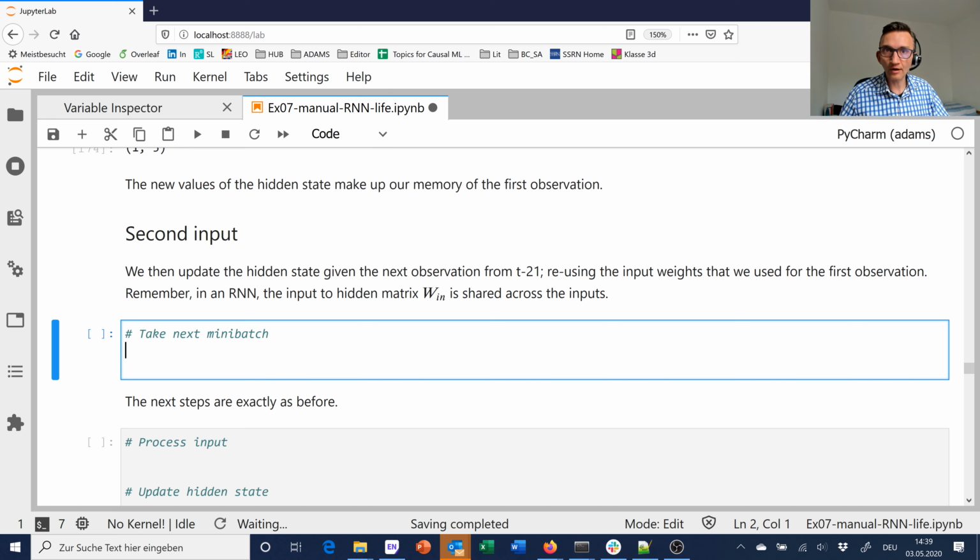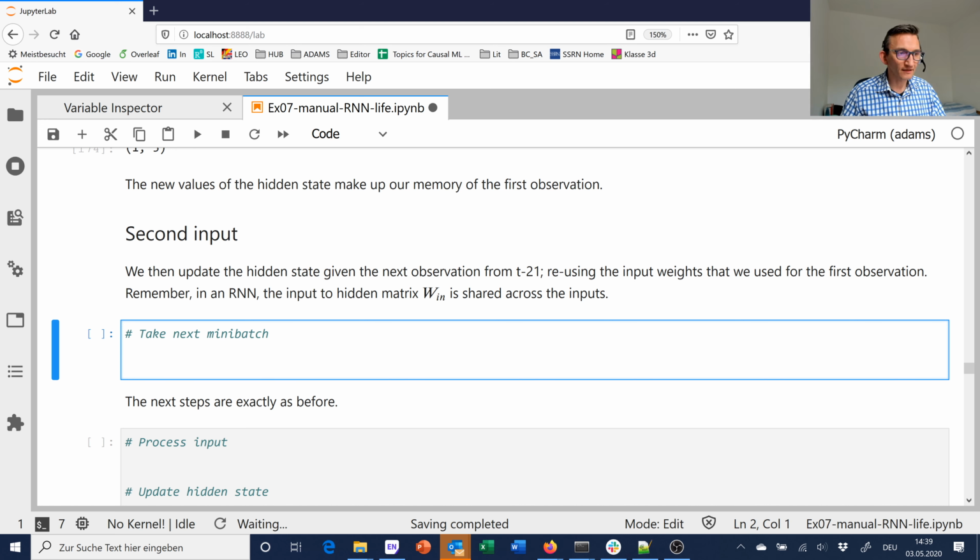We could now, having inputted the value xt minus 22 window size, get a forecast for xt minus 21, but that's not really the point of the exercise. Rather, we would input the next value in our sequence to continue updating the hidden state.